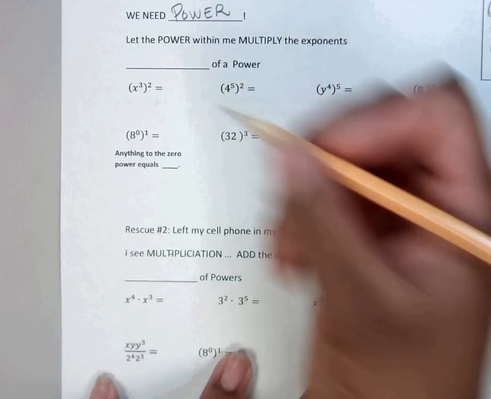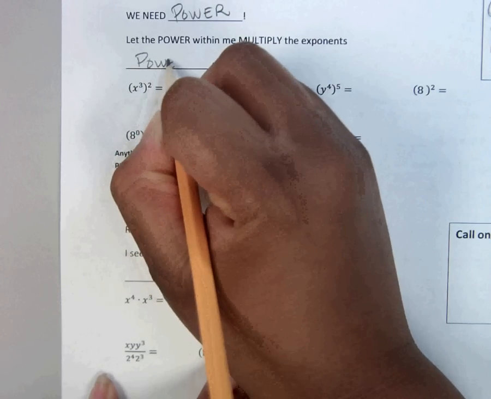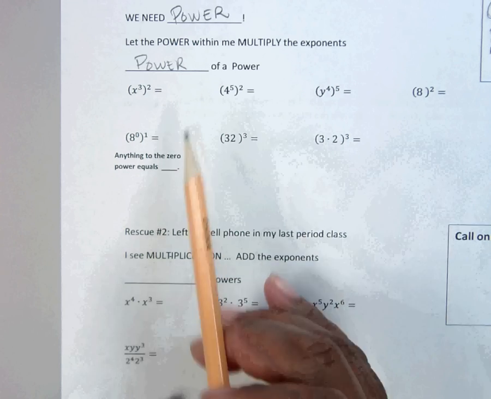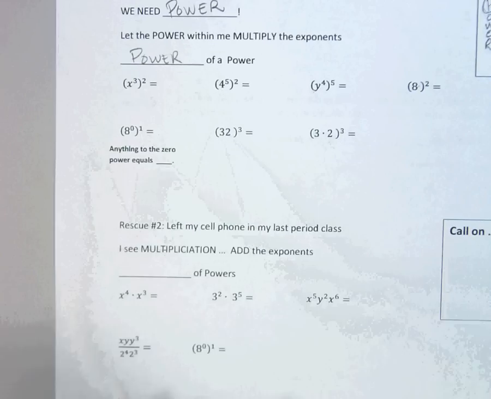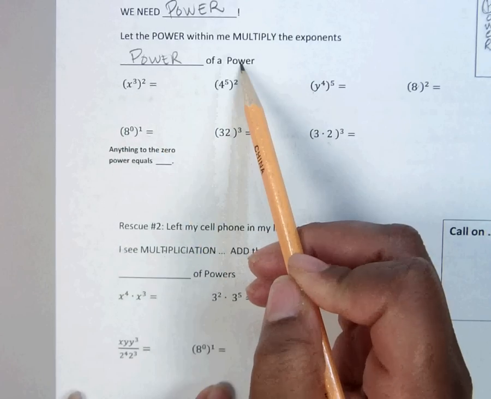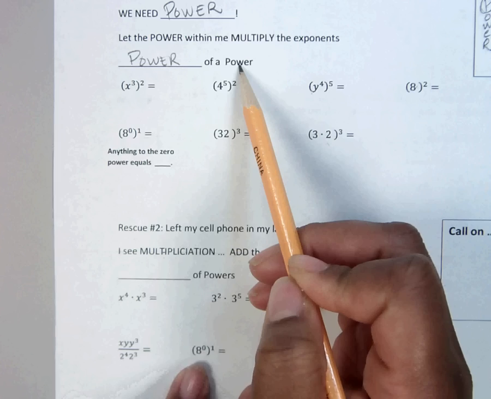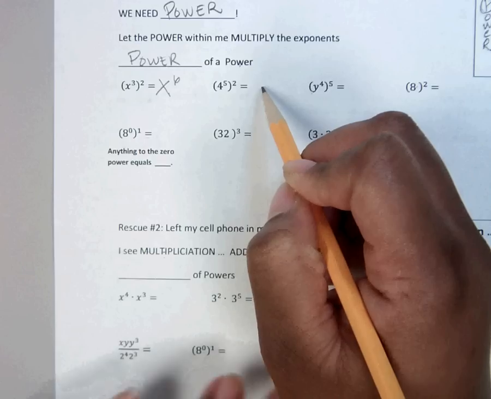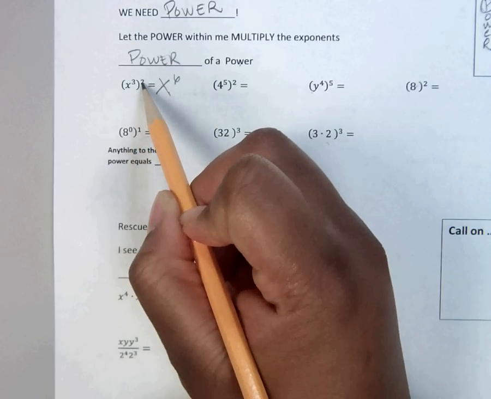So now we're going to look at power of a power. We need some power here because these look dangerous. And according to P-Man, when you have a power of a power, you're going to multiply the exponents. Okay? 3 and 2 is an exponent.